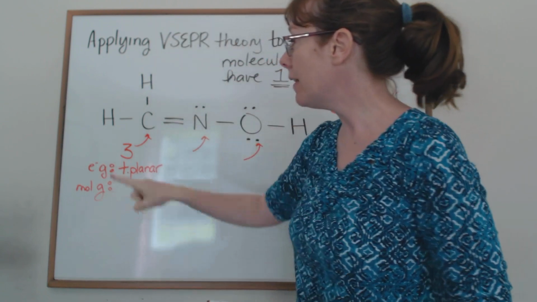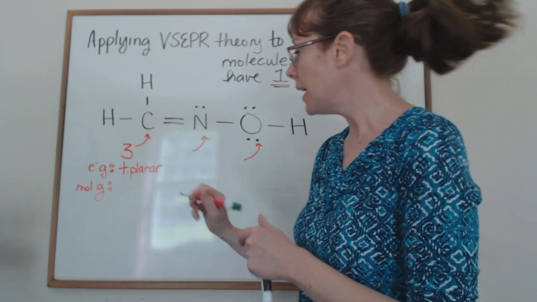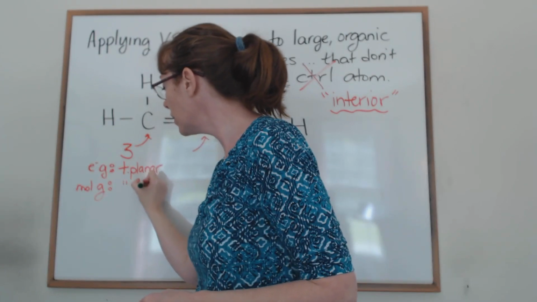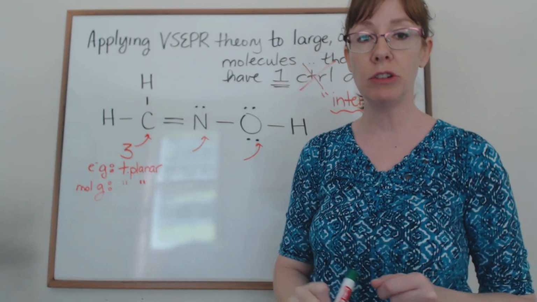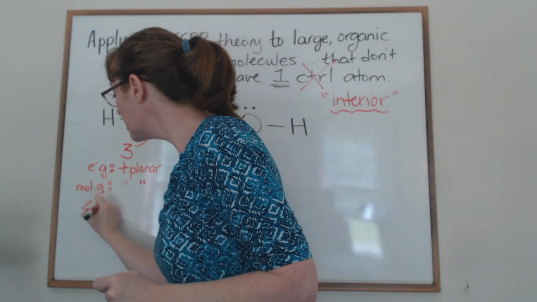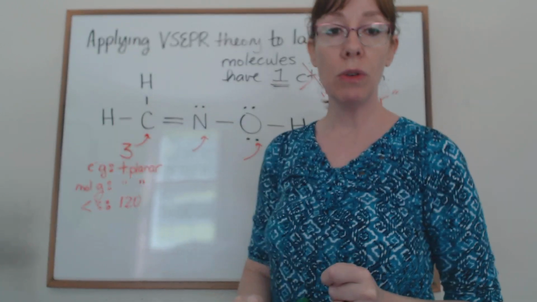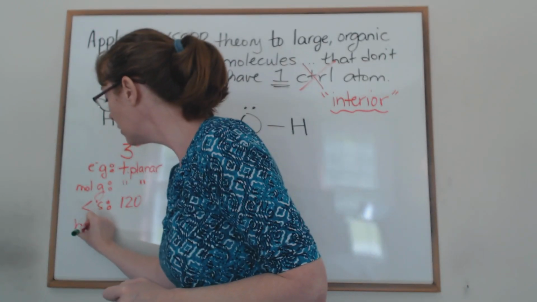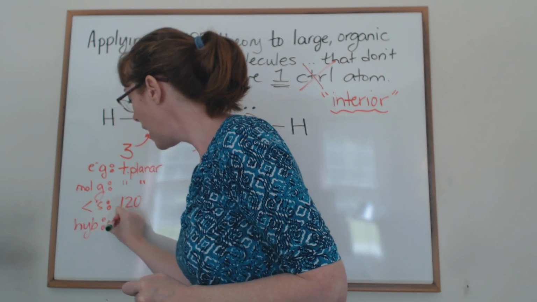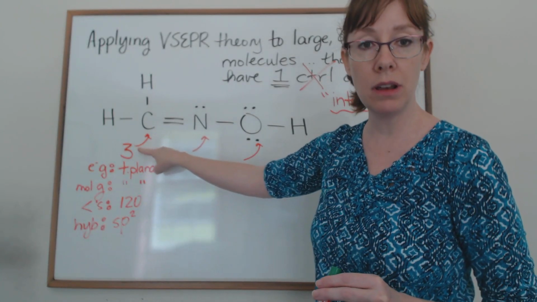If they're all bonding groups, like they are here, none of them lone pairs, it's going to be the exact same word, trigonal planar. You can also get the bond angles, 120, and you can also get the hybridization, sp2. All of that comes from that number.